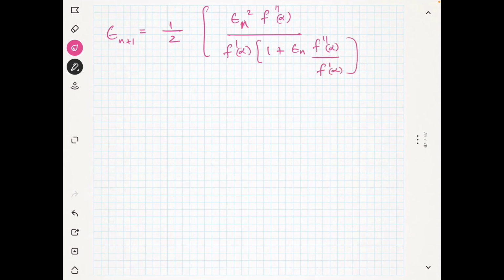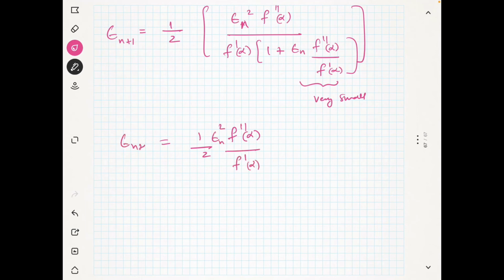And you know that this term is usually very small because you have f dash and f double dash and epsilon n, so this ratio will be very small and I can neglect it. So this will become half of f double dash of alpha into epsilon n square divided by f dash of alpha.